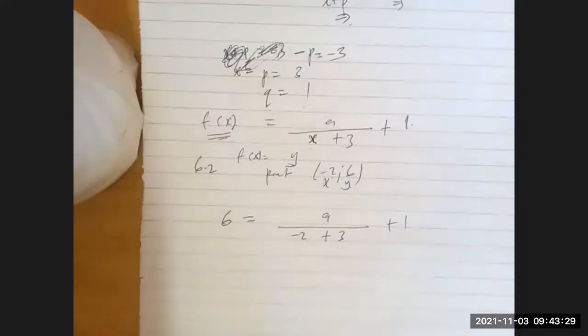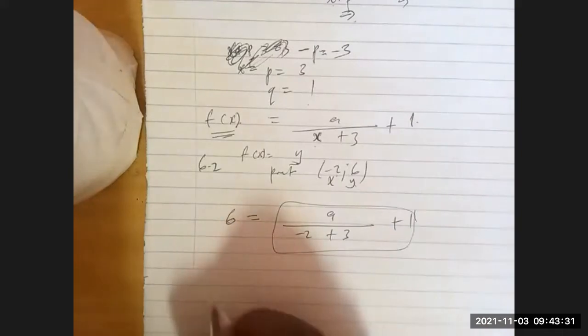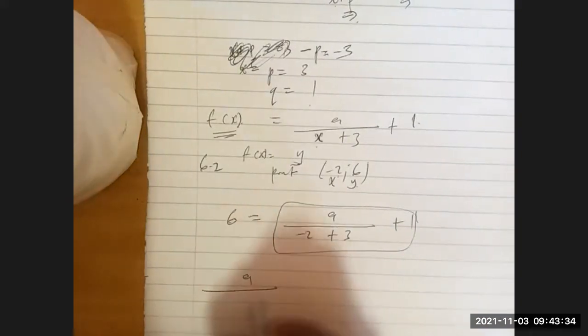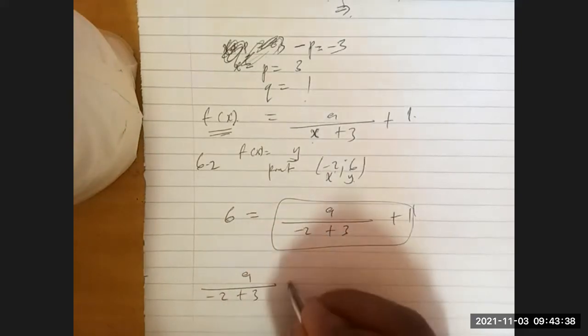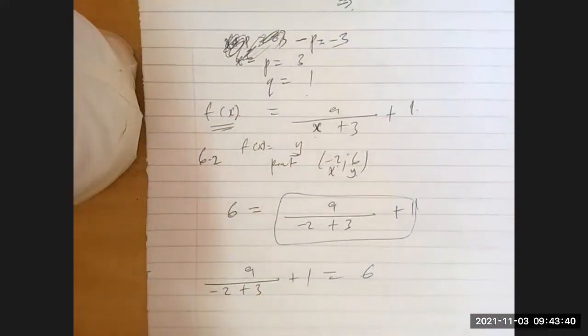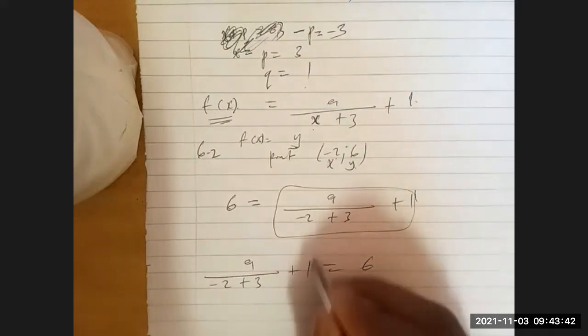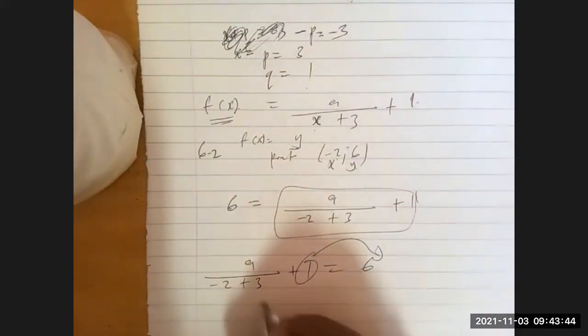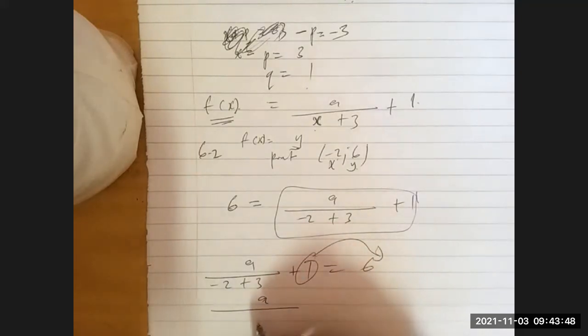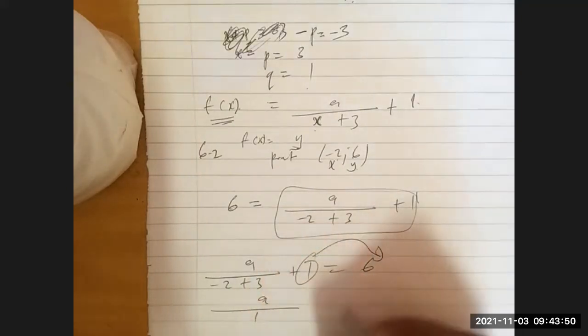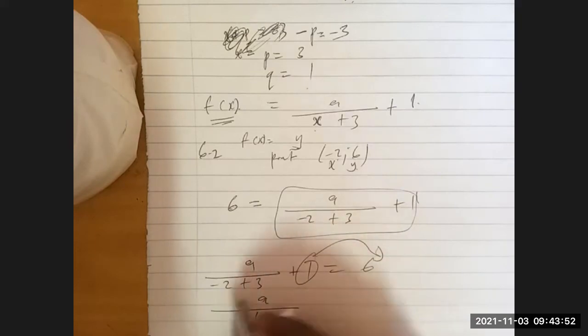So I'm going to put it here as a over -2 plus 3, plus 1, and this is equal to 6. Now, taking this across, I'm going to have a over -2 plus 3, that is 1. So a over 1.